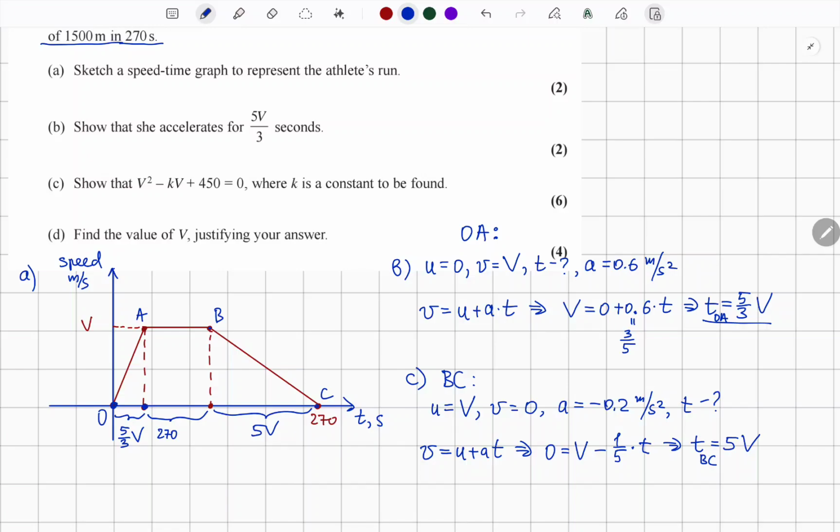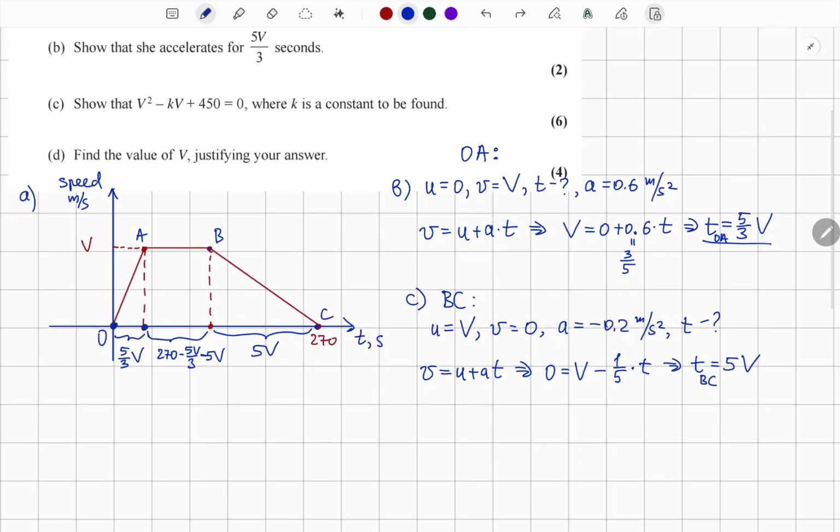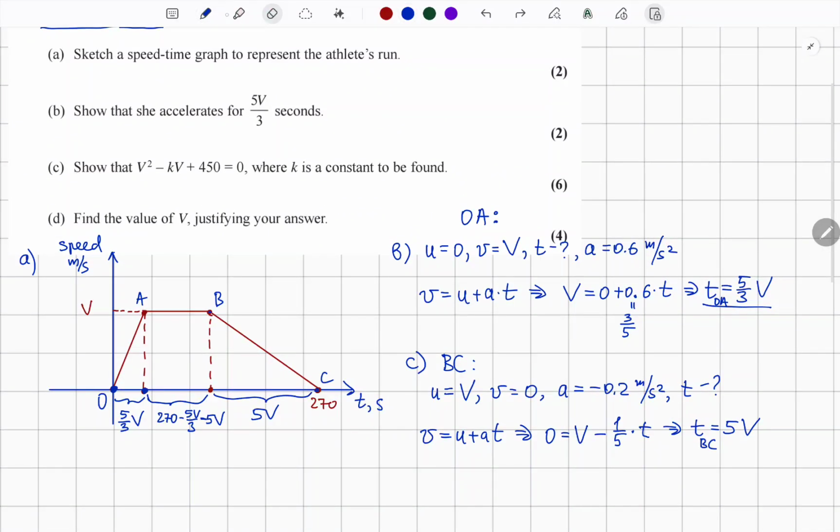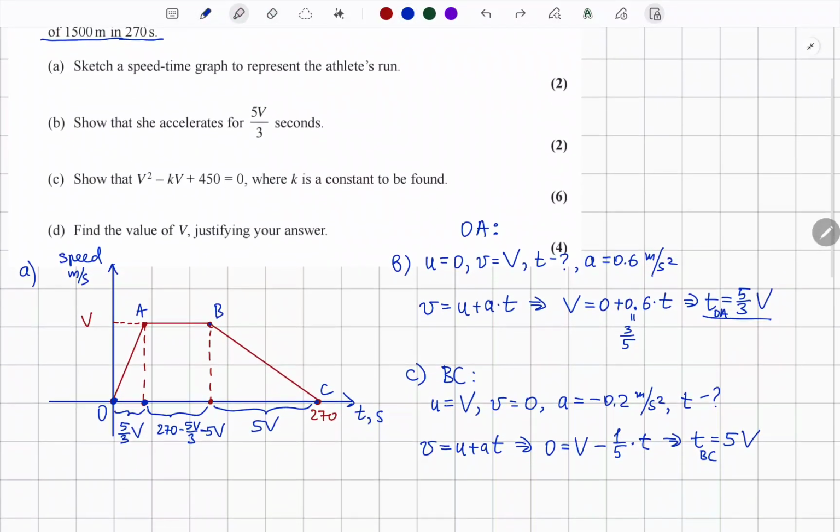So if I subtract 5V/3 and then I subtract 5V from the total time, it will be the time of the period AB from A to B. So now I use geometrical principles because I know the distance traveled is 1,500 meters, which represents the total area under the speed time graph. That is this area, so area of the trapezium.